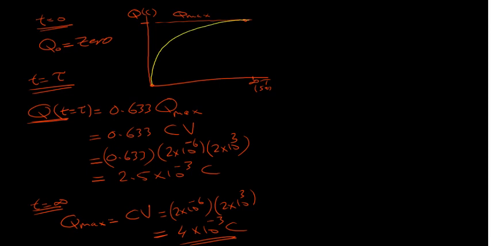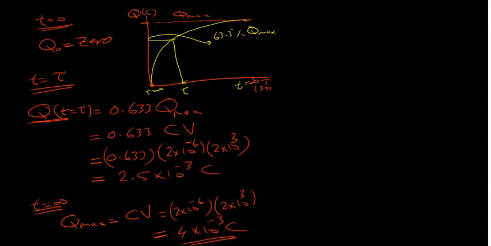So here's t equals 0, here's t equal to infinity, which is the maximum, and somewhere around here will be the tau, where we'll have the 63.3% of the maximum charge I can store in the capacitor.